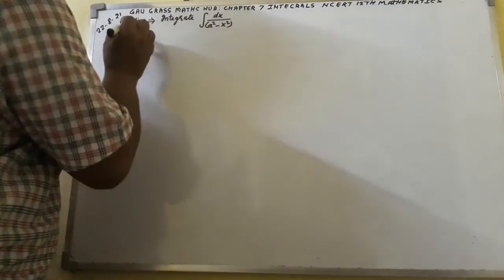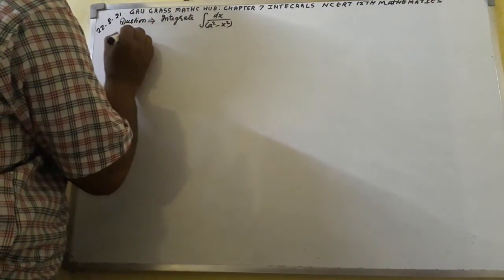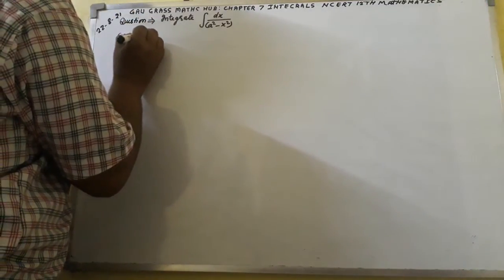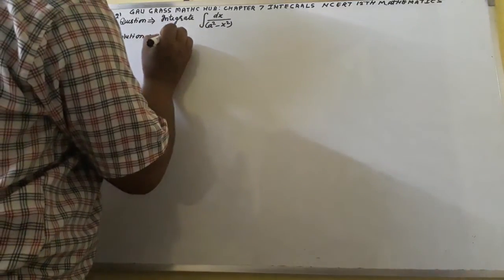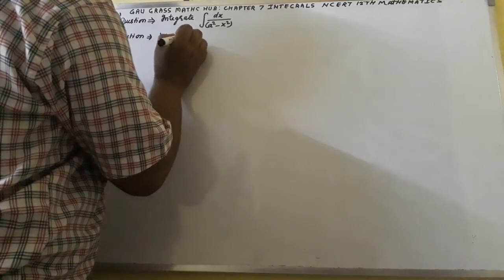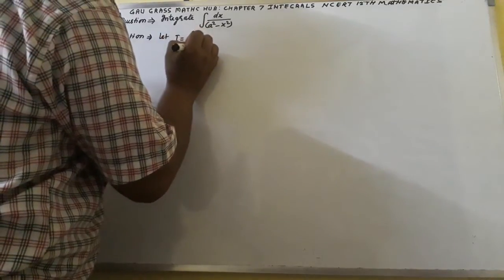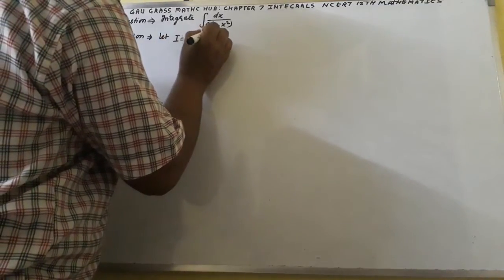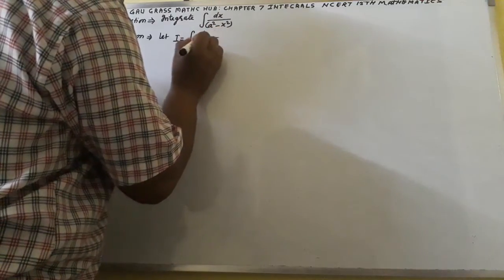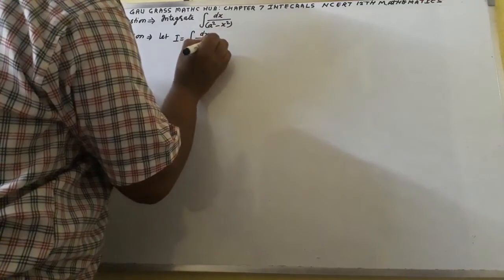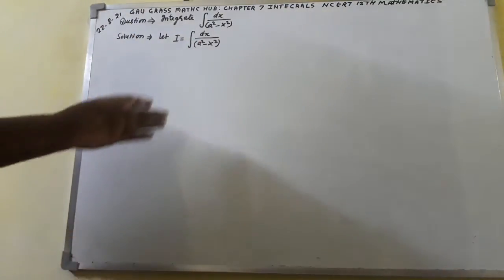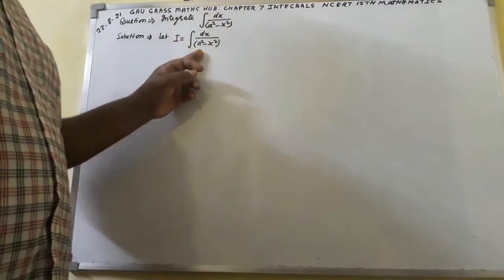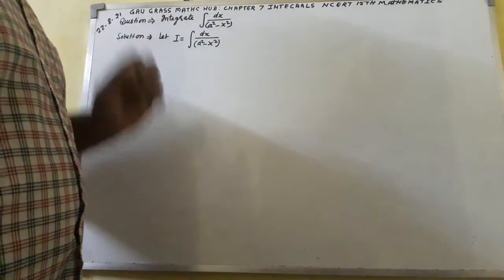So here I shall write the solution. Let I equal to integral dx over a square minus x square. Now factorize a square minus x square.